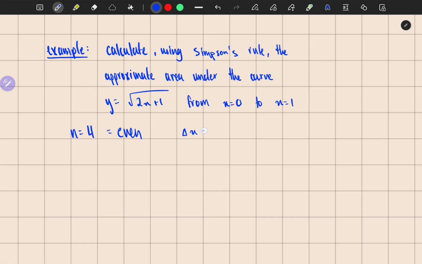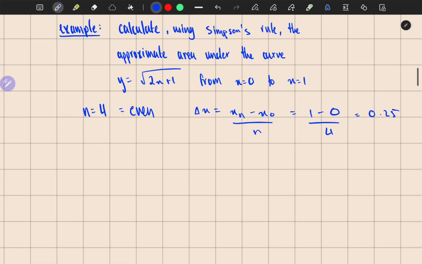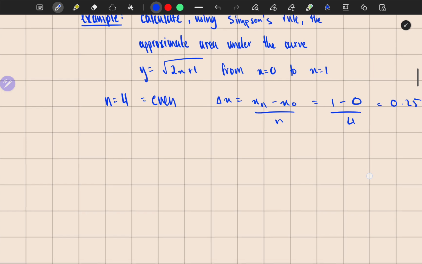And so, delta x is going to equal the last value of x minus the first value of x, divided by n, so it's going to be 1 minus 0 divided by 4, which still gives you a gap of 0.25. So again, you need to find all of the y values for the corresponding x values from 0 to 1.